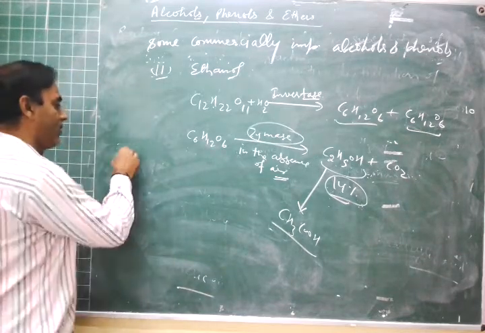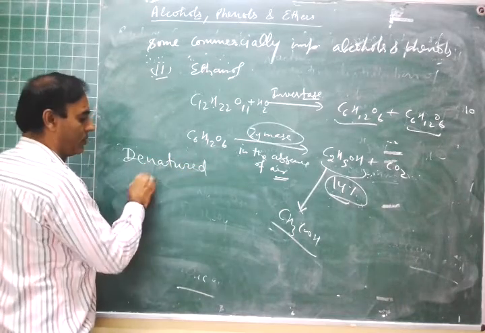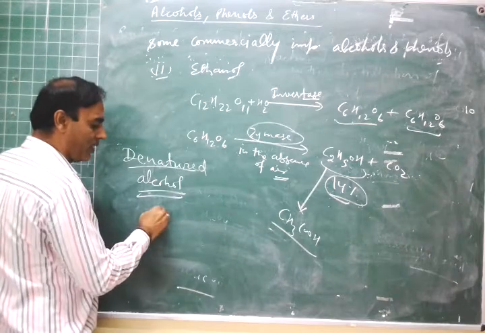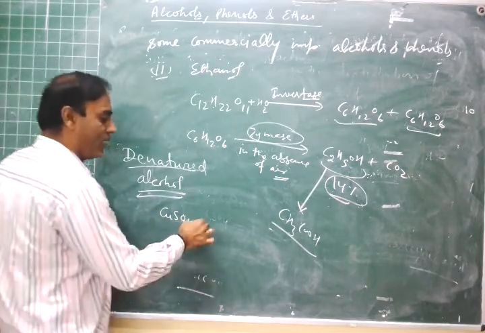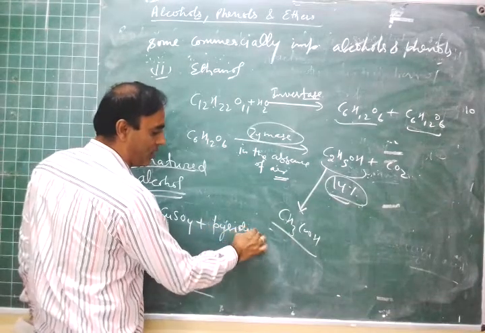Now sometimes alcohol is converted to denatured form, that is that form which is not suitable for drinking purposes. So what is denatured alcohol? The alcohol mixed with some amount of copper sulfate and pyridine is known as denatured alcohol.